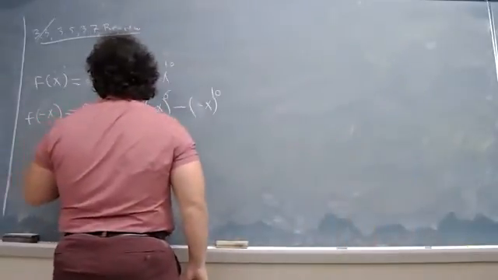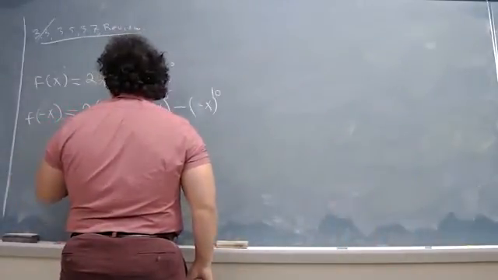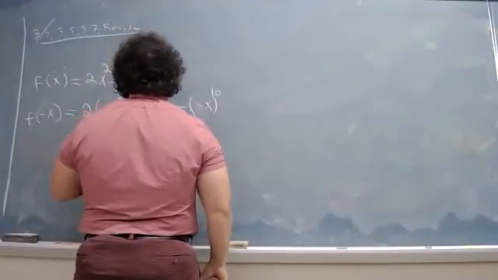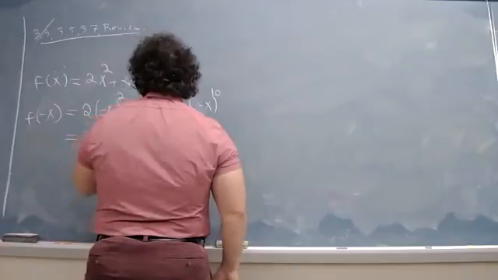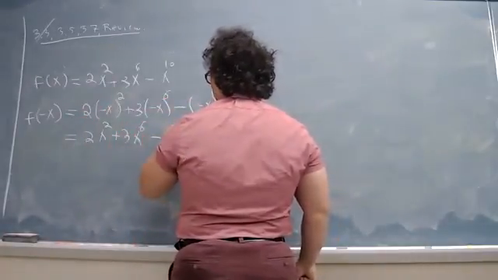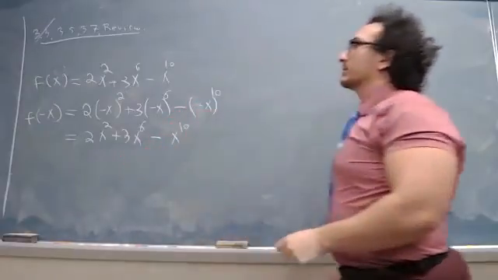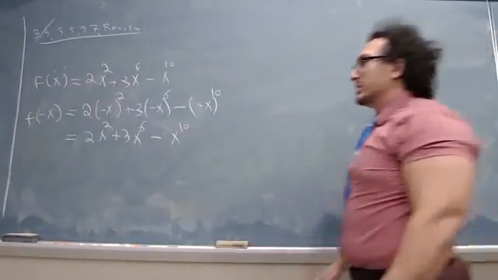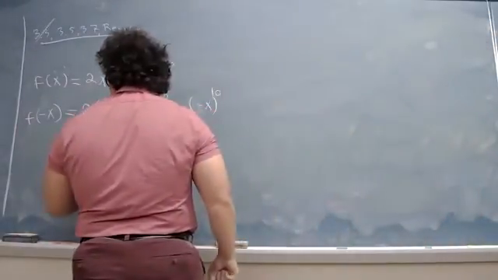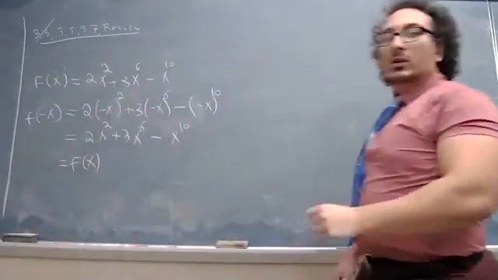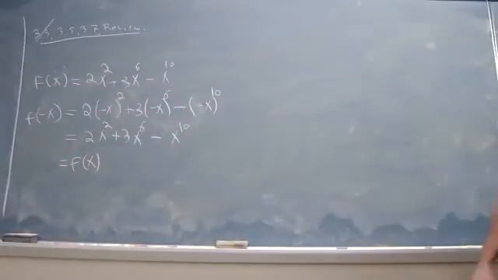This reduces to a 2 times a positive x squared plus a 3 times a positive x to the 6th minus a positive x to the 10th. Notice that that is by definition equal to our f of x. So we have an even function.